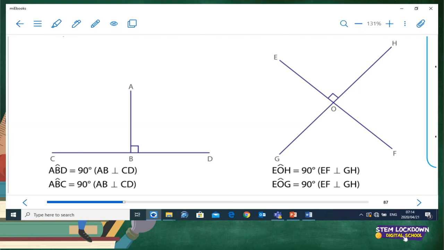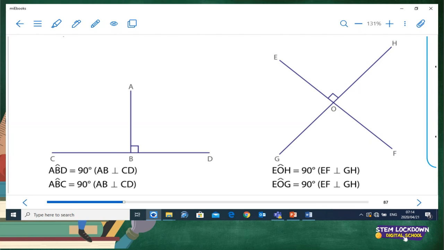We are now proceeding to the next category of angles, and we are now looking at 90 degrees. If you look at the first diagram, where the line AB is perpendicular to the line CD, meaning that they form 90 degrees there, you can make a conclusion because that information is given to you.